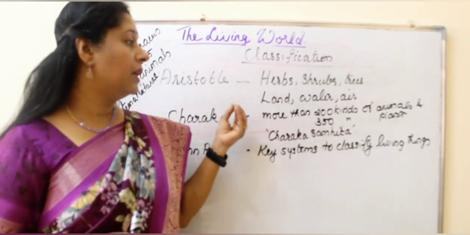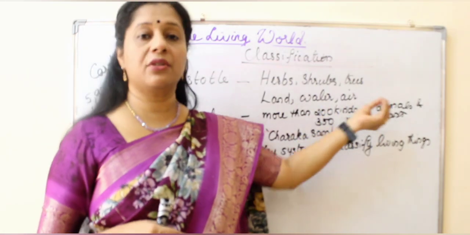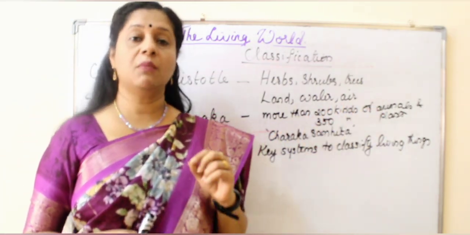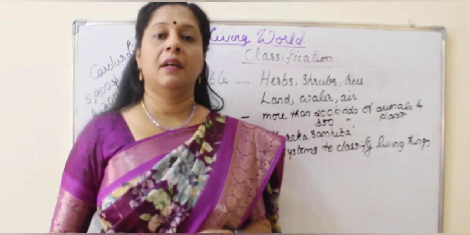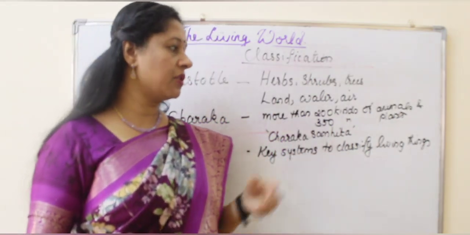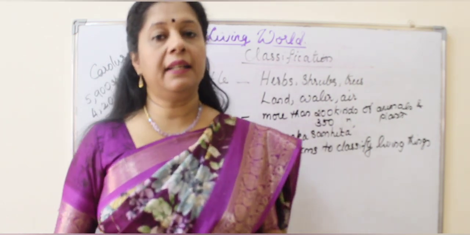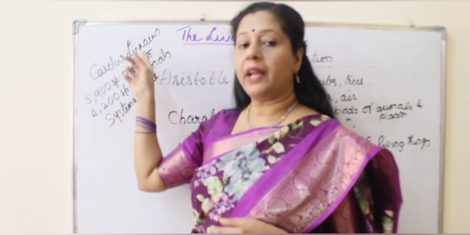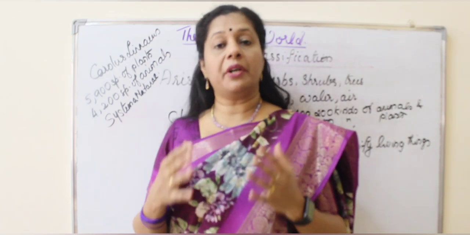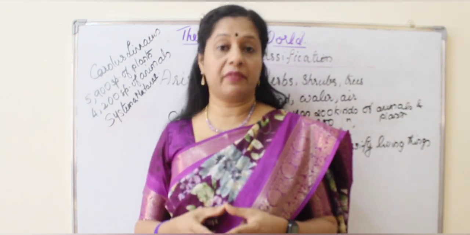He tried to classify more than 200 kinds of animals and 350 types of plants in his book called Charaka Samhita. Next is John Ray, an English naturalist. He found the key systems to classify living things. Then finally, the major contribution was by Carolus Linnaeus, or Carl Linnaeus. He is a major contributor in this field, and he is known as the father of taxonomy.